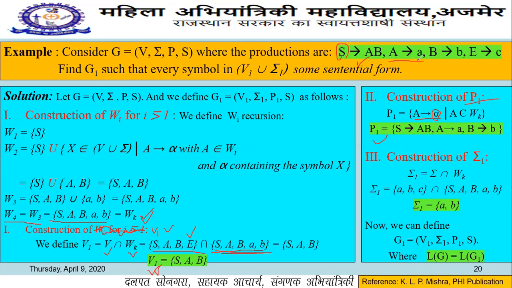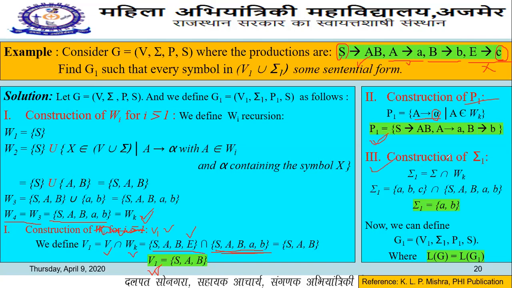This is also included because A belongs to V1 and small a belongs to WK. And this we also include because this belongs to V1 and this B belongs to WK. But note, this will not be included because E does not belong to V1 and small c does not belong to WK. Therefore we will not look at the right hand side. So this is the simplified set of productions.